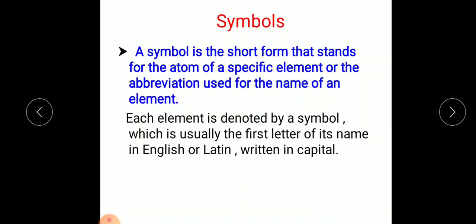Each element is denoted by a symbol, which is usually the first letter of its name in English or Latin, and the first letter is always written in capital.